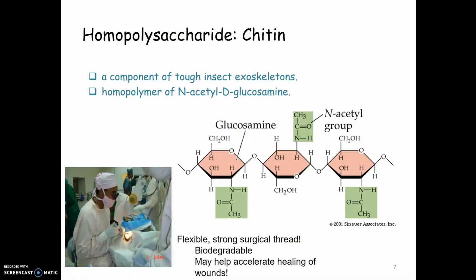This is actually what doctors have started moving towards, using chitin as surgical thread, because it's biodegradable and it's flexible and super, super strong.